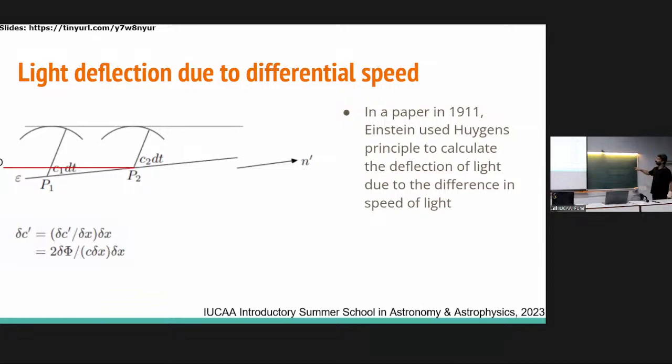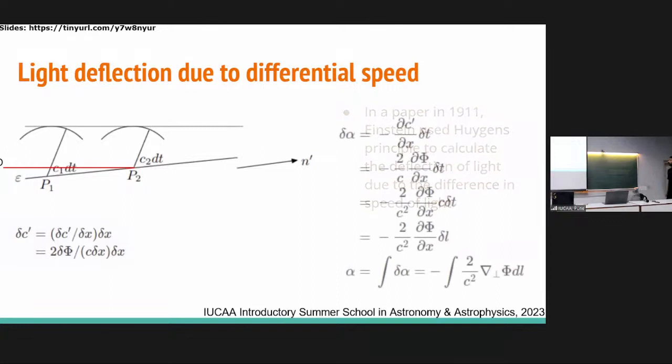But what we want to know is the angle by which this deflection has happened. That angle will be this angle O P2 P1. If you want to calculate that particular angle, delta alpha, it is related to the speed difference, delta c prime by delta x, multiplied by delta x. Because it's exactly the same time, the only difference is in this particular length. So this length divided by this distance P1 P2 is this small angle alpha.